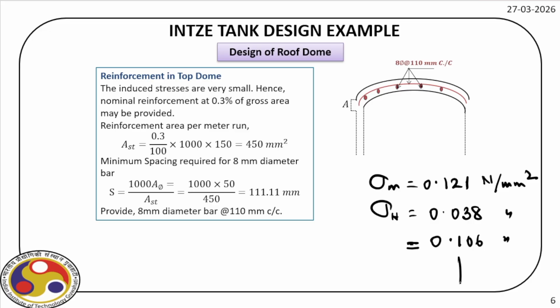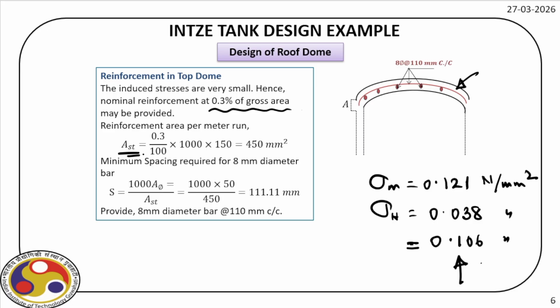Now all three values, as you can see, are very small, and that is the advantage of adopting this special type of geometry. Now because they are very small, we can provide the minimum amount of steel, which is 0.3% of the gross area along both the directions, as you can see on your screen, right?